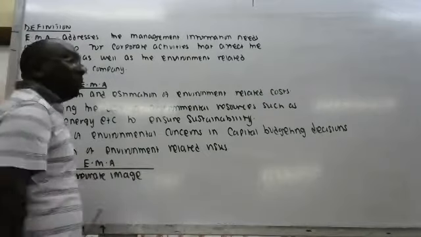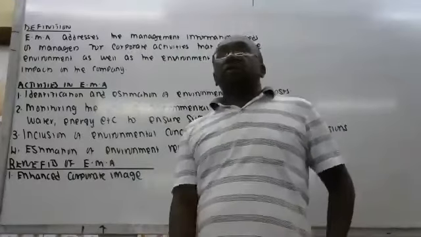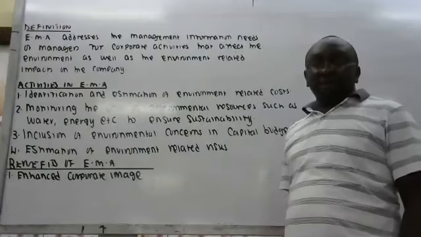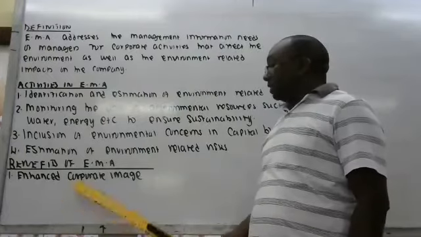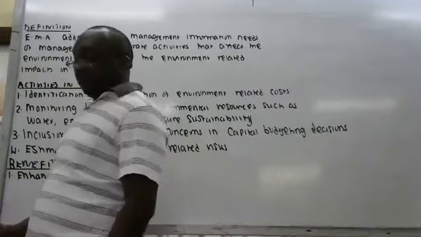So the society will perceive you as a good person, as a good customer, or rather as a good company who cares about the environment. And when people perceive you as good, then you enjoy the benefits that come from them.